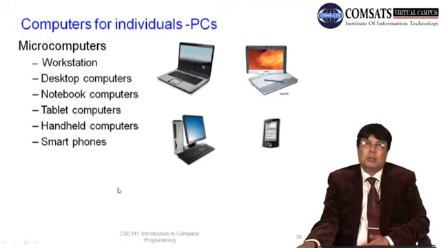Usually personal means one person, so it can carry out the task for one particular person. It can also carry out multitasking. Multitasking means more than one task simultaneously, but it may not be for multiple users. It can be for one single user.